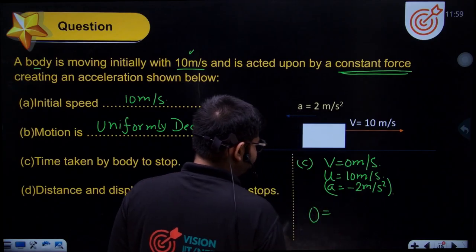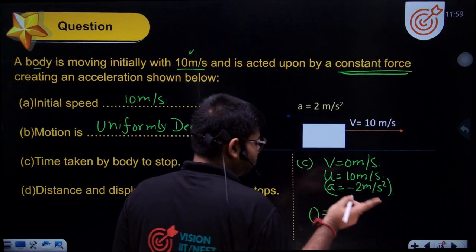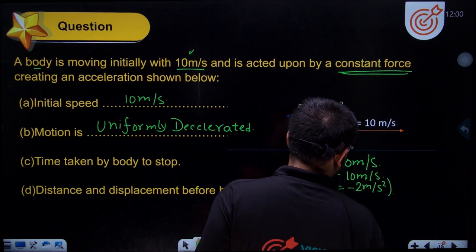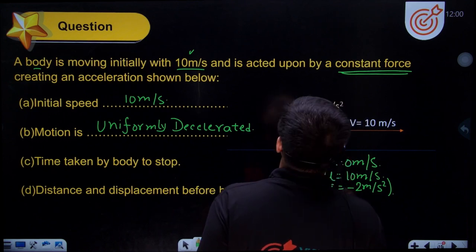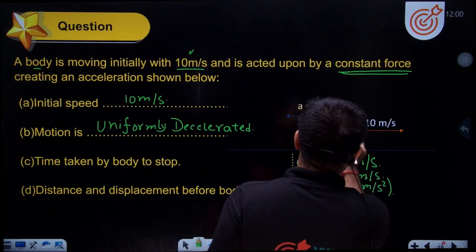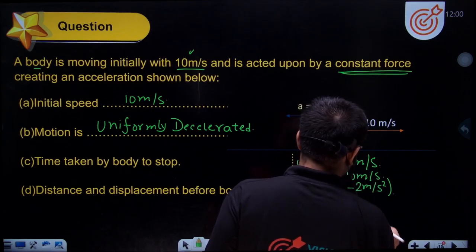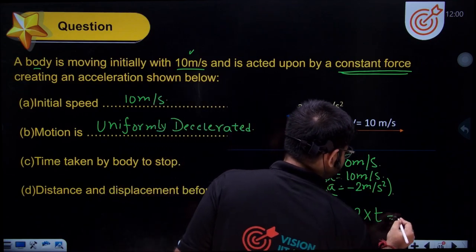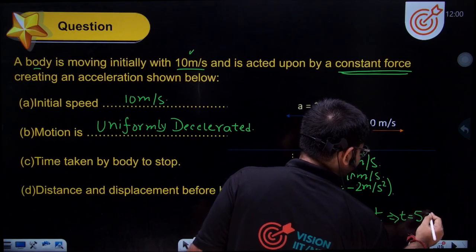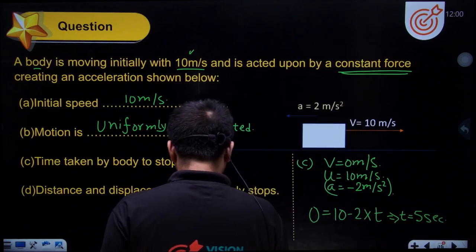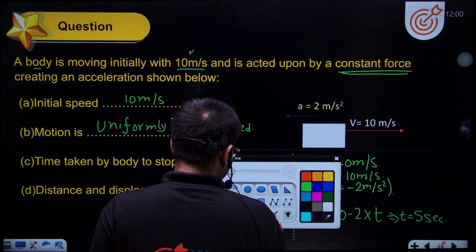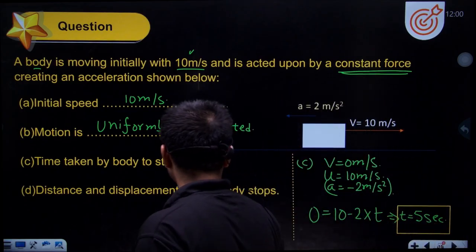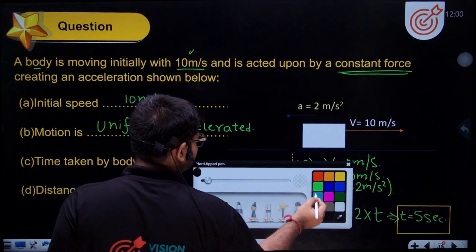So V मतलब 0 is equal to U, लेकिन प्लस A, एक्सिलरेशन इज हियर नेगेटिव ना, सो इट इज गोइंग टू बी माइनस एक्सिलरेशन कितना है 2, टाइम कितना है मेरे को पता नहीं है t, ओके, सो दैट गिव्स यू t is nothing but 5 सेकेंड. 5 सेकेंड में क्या होगा, 5 सेकेंड में ये बॉडी बिल्कुल रुक जाएगा. So in 5 seconds the body is going to stop.